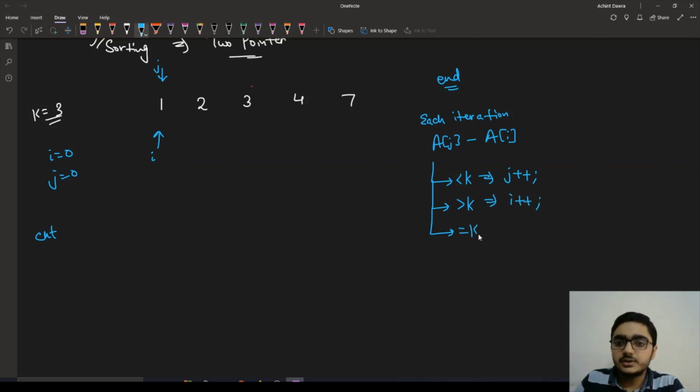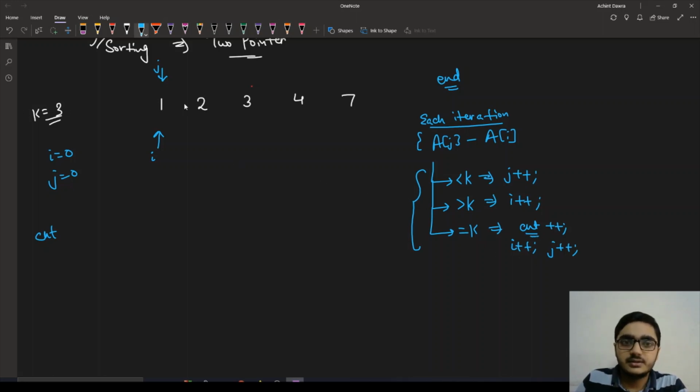If it is equal to k, then we increment our count and simultaneously update both of these pointers to consider the rest of the elements. So for every iteration we consider this difference, and based on these three conditions we increment our pointer and the count variable.